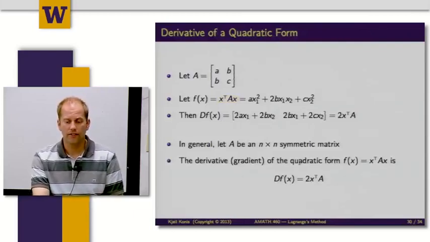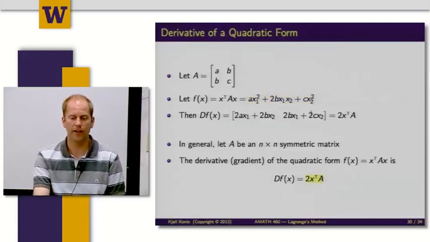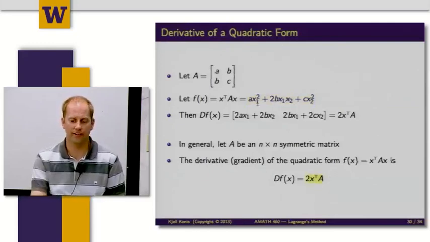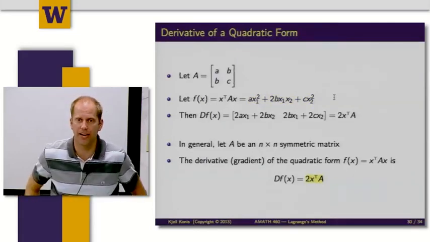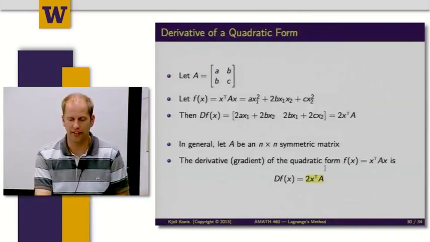So the derivative of a quadratic form, the gradient of the corresponding function, you can just write as 2x transpose A. It works for the 2 by 2 case like this, and if you did the same thing for larger cases, 3 by 3 or n by n, you would be doing a whole lot of calculations, but in the end, you're always going to get 2x transpose A.